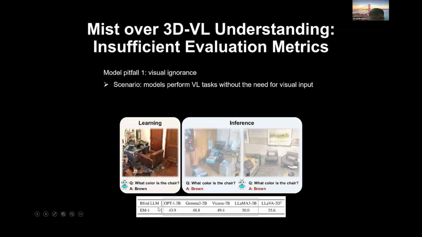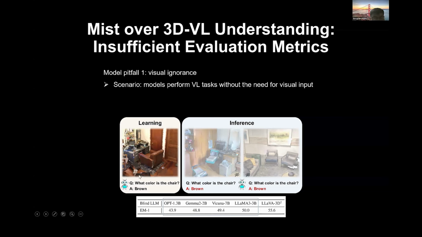For example, we can see that even given a blind LLM, which means the multimodal LLM does not receive the 3D scene, the performance is very high even without the scene. The result is on the SQA3D benchmark.